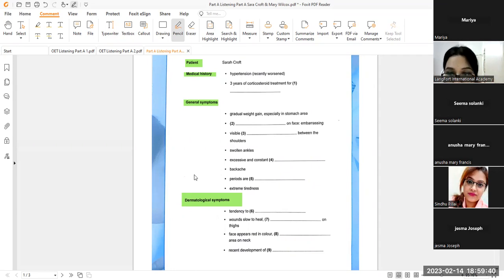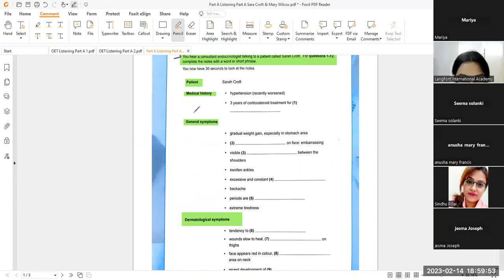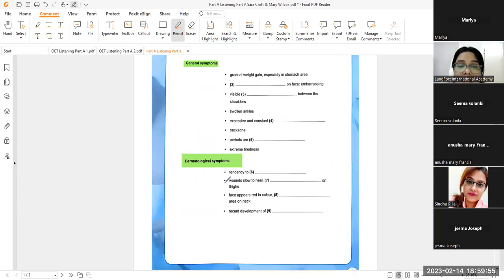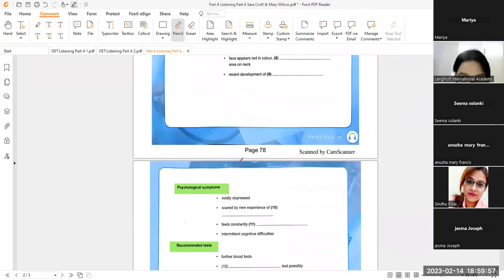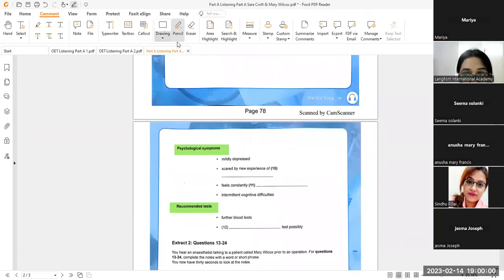What are the overall problems? Then dermatological means what, Cicely? It's on the skin. Yes, skin. So see, the audio starts with medical history, then they move on to overall symptoms, then they focus on the patient's skin. All right. Biji, can you unmute yourself and read the last two headings for me, please?